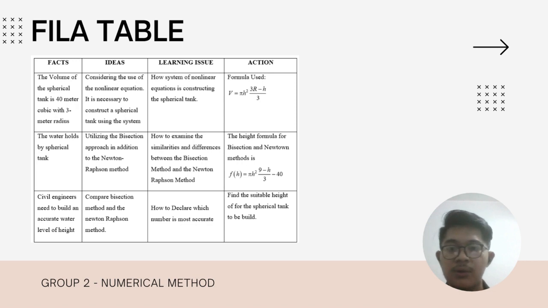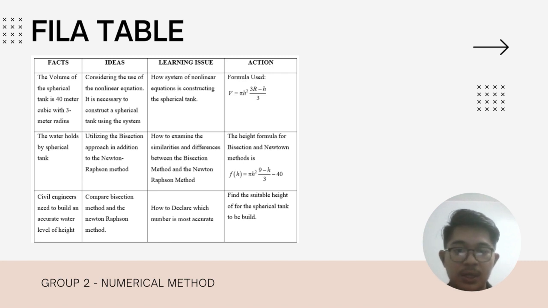Okay, this is the filler table. I will conclude this filler table. We have three facts: the volume of the spherical tank is 40 cubic meters with the 3 meter radius; second, the water held by the spherical tank; and number three, the civil engineer needs to build an accurate water level height. From these facts we will take action by using the first formula, the volume of the sphere.